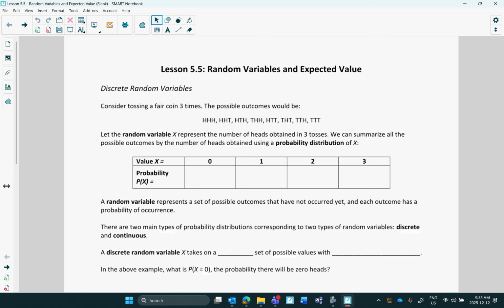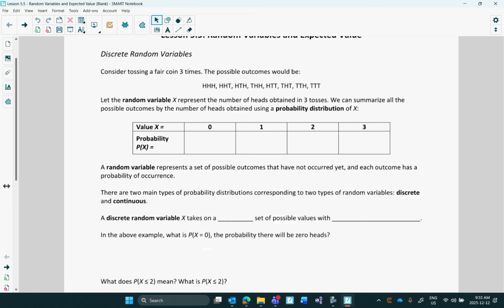Okay? And so we can summarize all the possible outcomes using a probability distribution, which we have before. So we have 8 possible outcomes. This random variable can only take on 4 values: no heads, 1 head, 2 heads, all heads, or 3.